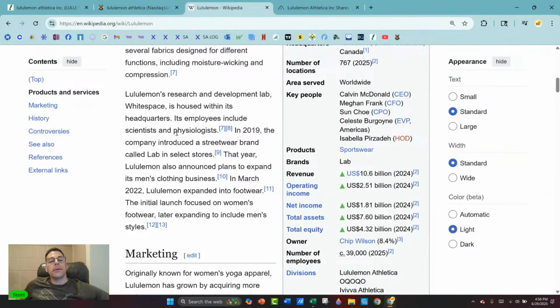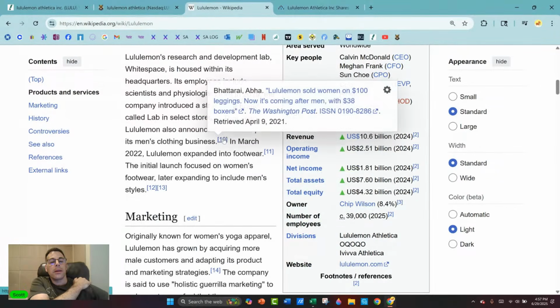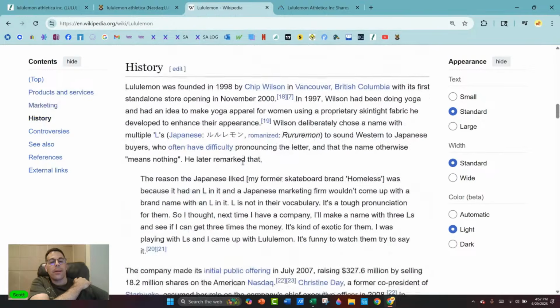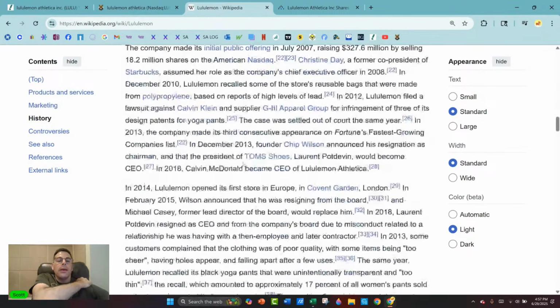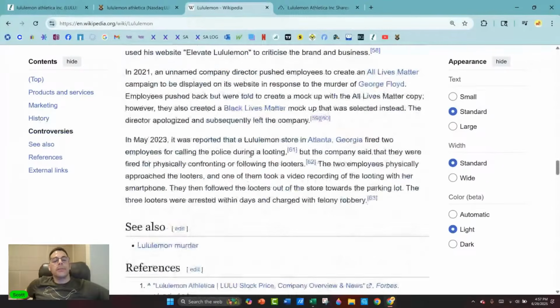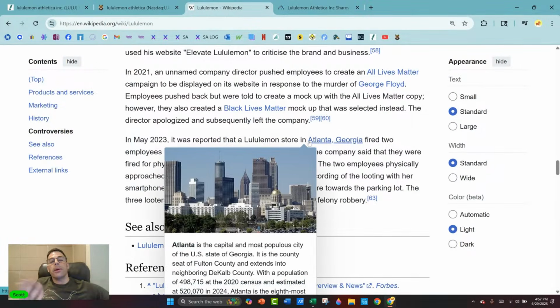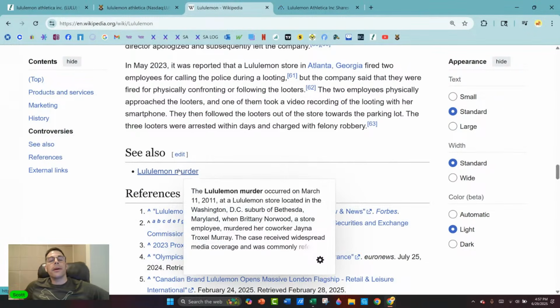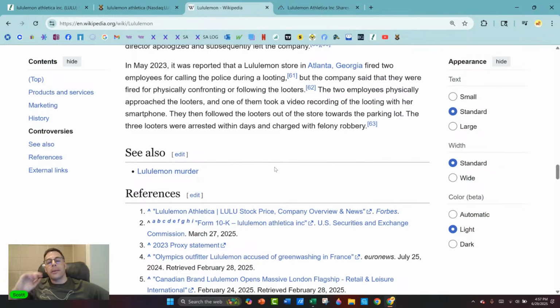They have scientists and physiologists. I guess one thing to look at is, do they have any partnerships they're working on? But it looks like they mostly grow organically.